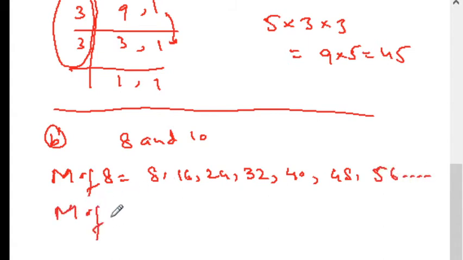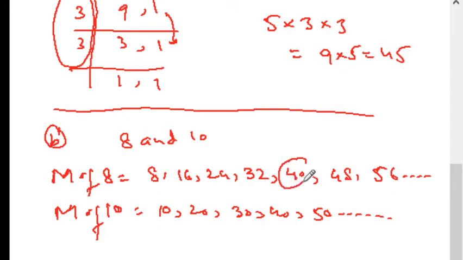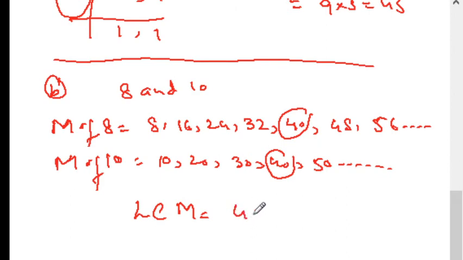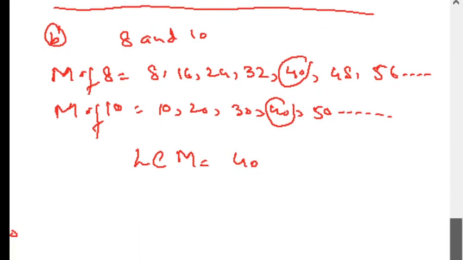Multiples of 10: 10, 20, 30, 40, 50, and so on. What is the smallest common multiple here? Other multiples will be there, but we don't go there. The smallest common multiple is 40. So we take the lowest common multiple, that is LCM, and that is 40. So 40 is the answer for the LCM.